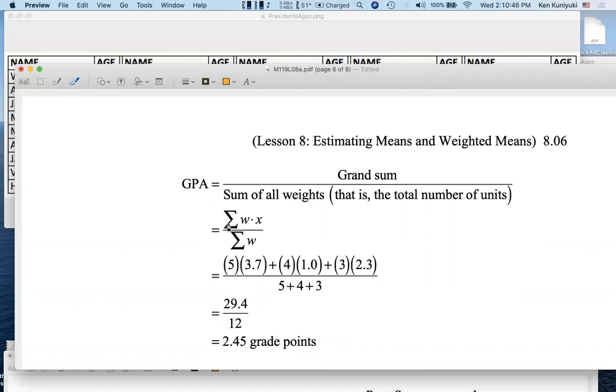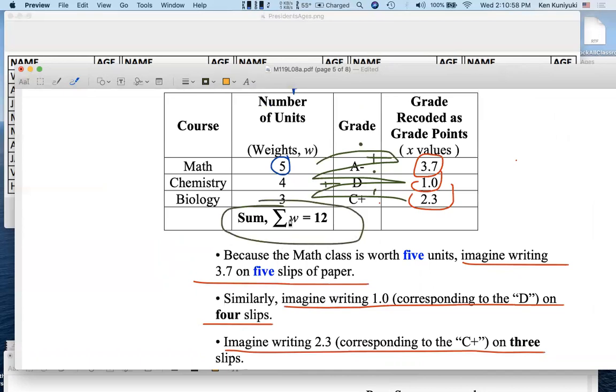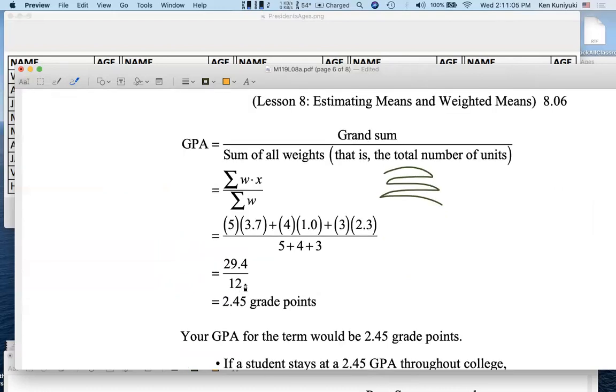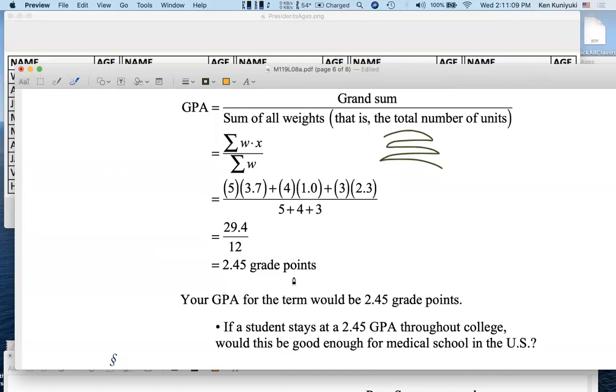So the grand sum is from the zigzag, summation W times X. Summation W is the number of units you took, 12 units during the semester or quarter. So you divide 29.4 by 12 and you get, this is exact, 2.45 grade points.